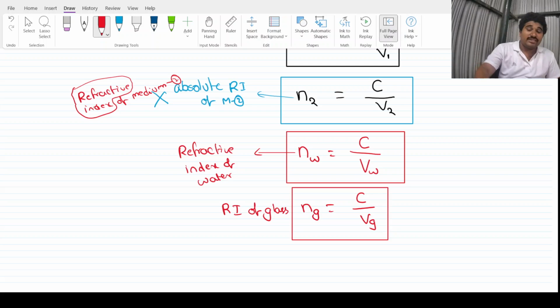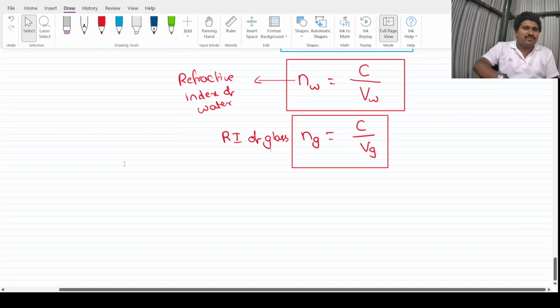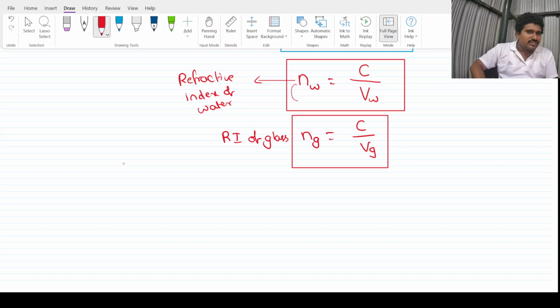Now I am going to talk about something. I want to compare these two: water with respect to glass. Not water and vacuum, or glass and vacuum separately. What I want now is water with respect to glass.